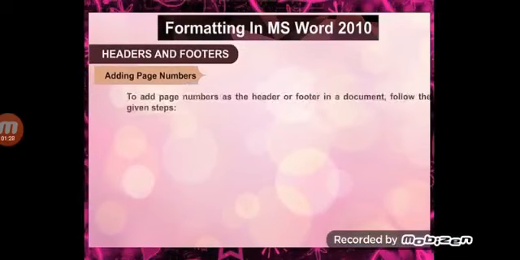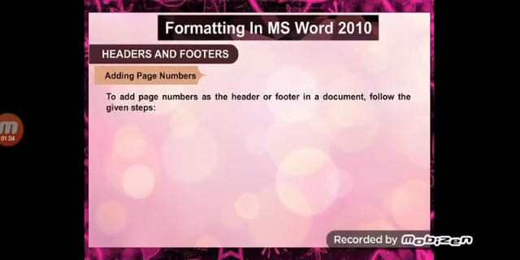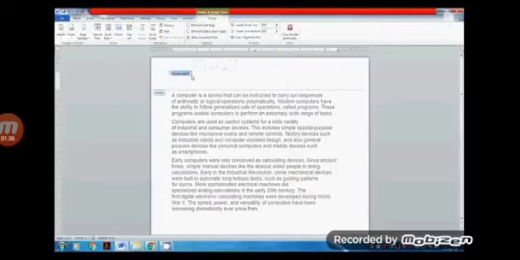Now adding a page number. To add a page number as a header or footer in a document, follow the given steps. Double click anywhere in the header or footer area. If there is no header or footer already present, then double click near the top or bottom margin. The Design tab under the Header and Footer tools will appear.